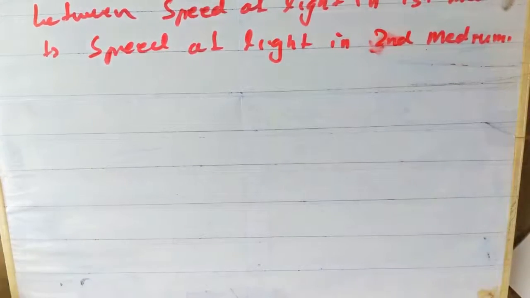Clear? So refractive index can also be defined as the speed of light in the first medium to the speed of light in the second medium.